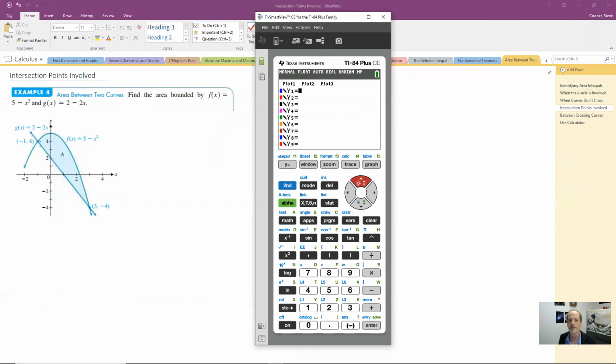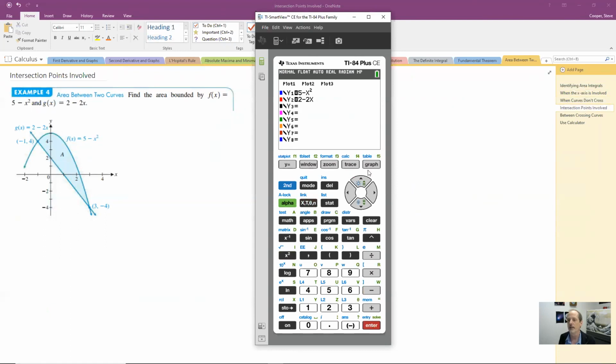Now, it's no problem finding the intersection points because you just set the two functions equal to each other and solve. So we'll do that in a minute. But I want to go ahead and put both of these in. I'm going to put f of x in y1, so I'm going to put 5 minus x², and I'll put g of x, 2 minus 2x, into y2.